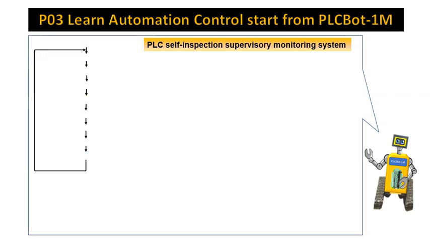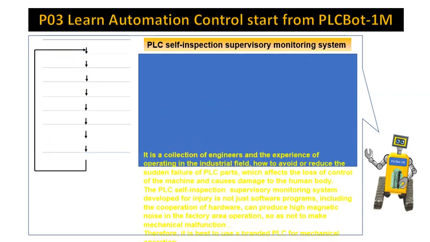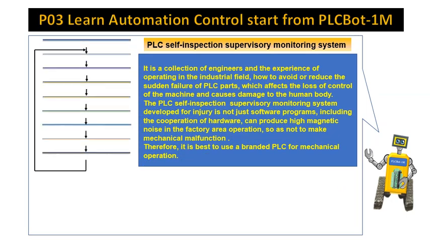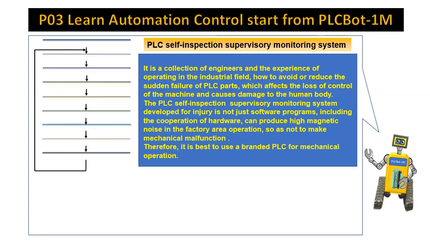PLC Self-Inspection Supervisory Monitoring System. Based on the experience of operating in the industrial field, how to avoid or reduce the sudden failure of PLC parts, which affects the loss of control of the machine and causes damage to the human body.